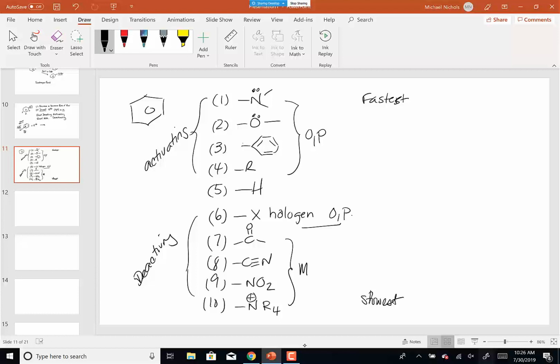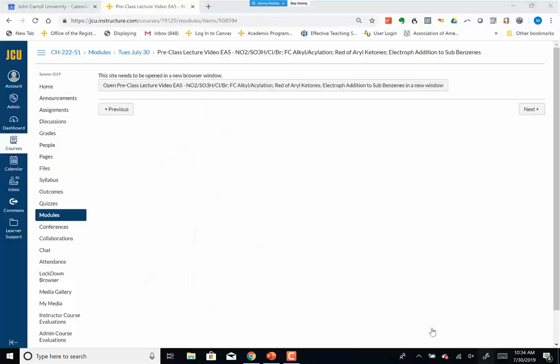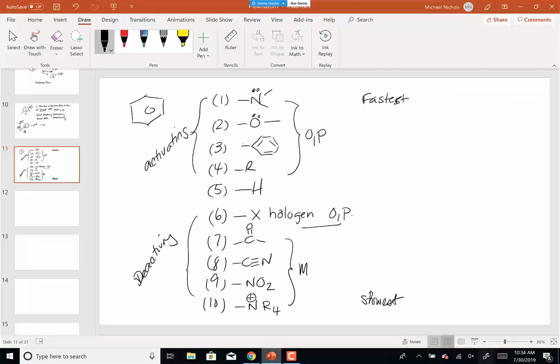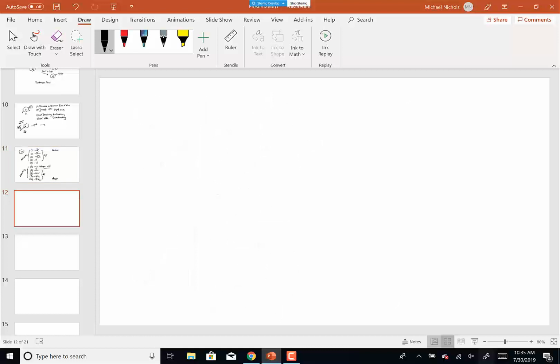And then we'll apply this chart and start thinking about how to make different benzene rings. So here's our list. What does it mean to be an ortho-para director? What does it mean to be a meta director? We have a long list of how to add these different groups to the ring.